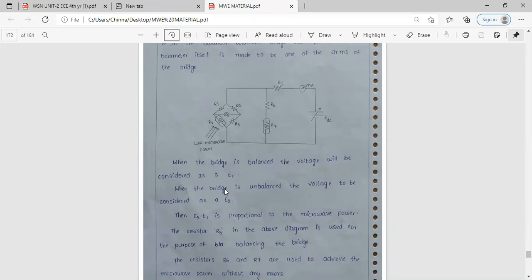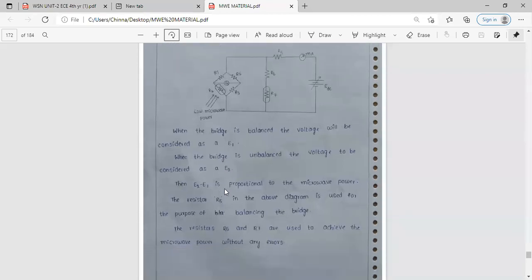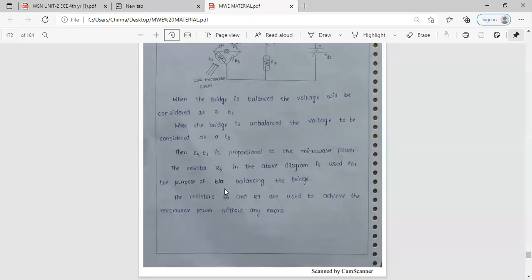The resistor R5 in the above diagram is used for the purpose of balancing the bridge. The resistors R6 and R7 are used to measure the microwave power without any errors.